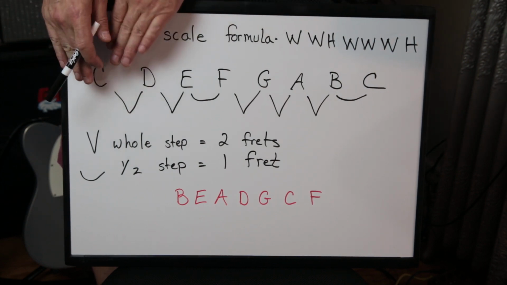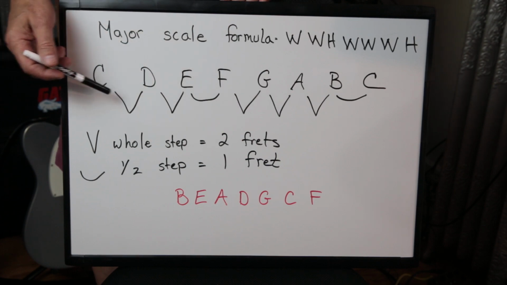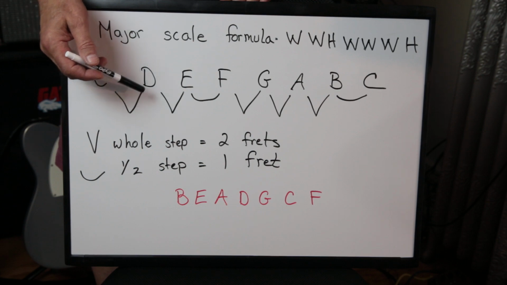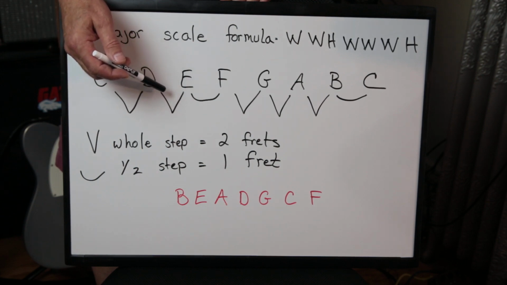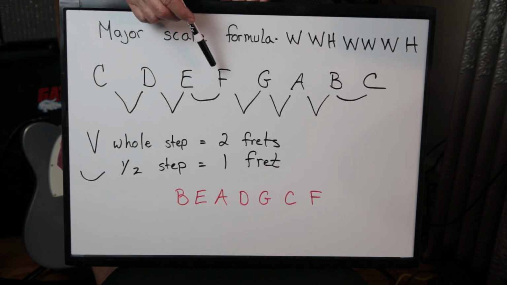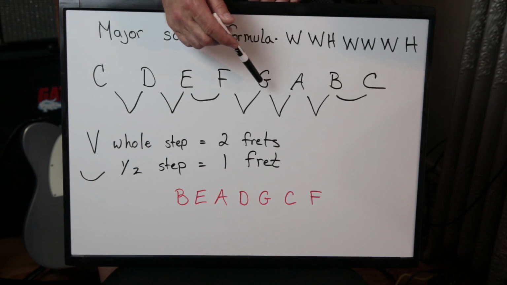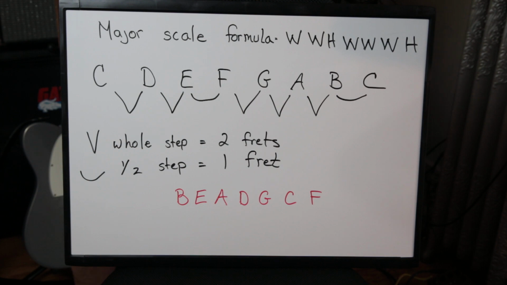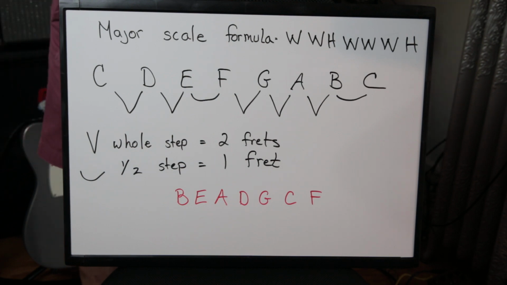Then we start again from back here. C to D, I've got to move 2 frets to find the D note. D to E, 2 frets. E to F, I move 1. F to G, I move 2. G to A, I move 2. And if you started with the open A string and follow this procedure accurately, you'll end up at the 12th fret with each of your open strings.